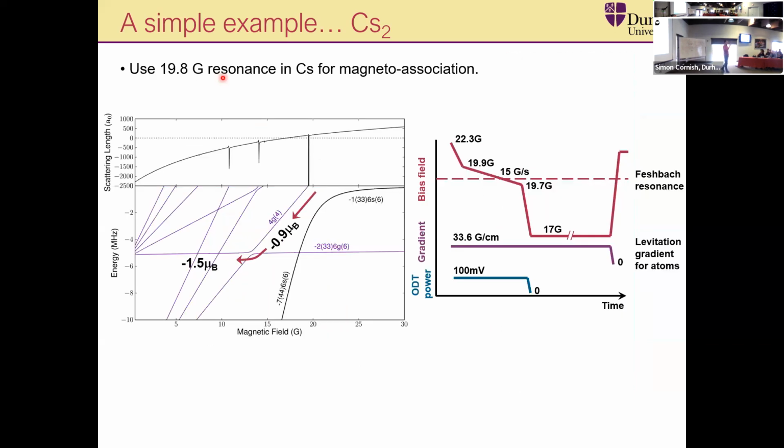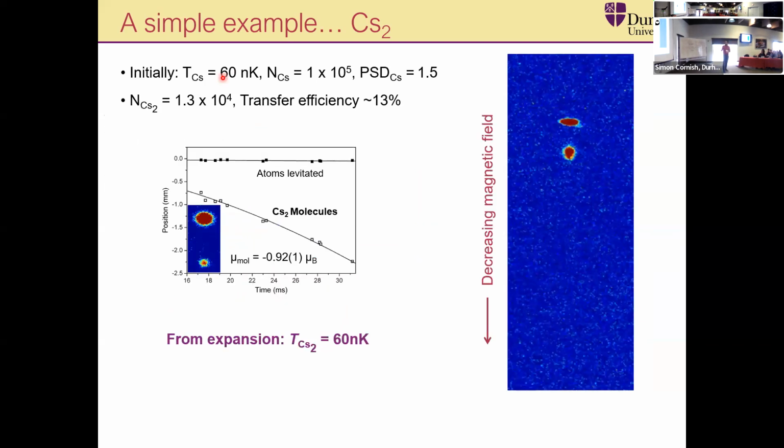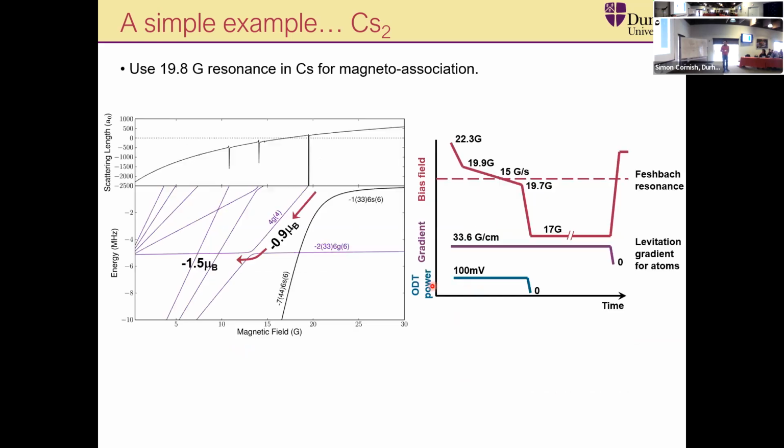And then you can ask, what happens if you let this continue to fall? As it's falling, the atoms are in a high field state. The magnetic field on this diagram actually decreases as we go lower, so the molecules are falling to lower and lower magnetic field. What do you think happens? They're going to fall, and then we get to an avoided crossing, and we're going to follow it.